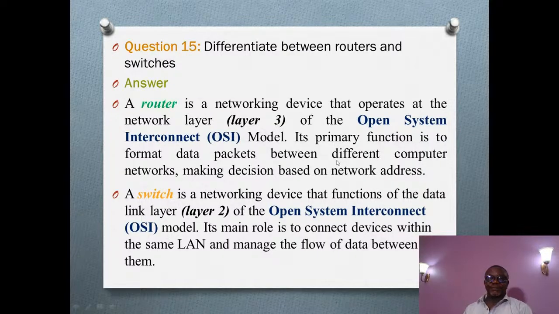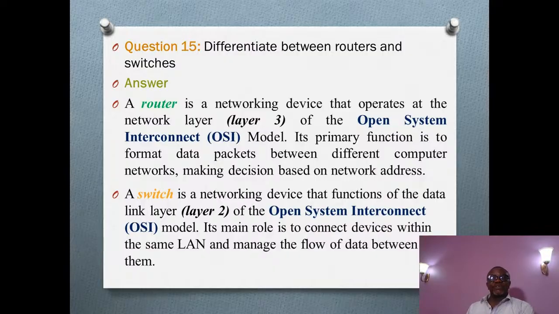our lectures. Question 15. How about two more questions to go? So differentiate between routers and switches. A router is a networking device that operates at the network layer, which is layer 3 of the Open Systems Interconnection, which is known as the OSI model.